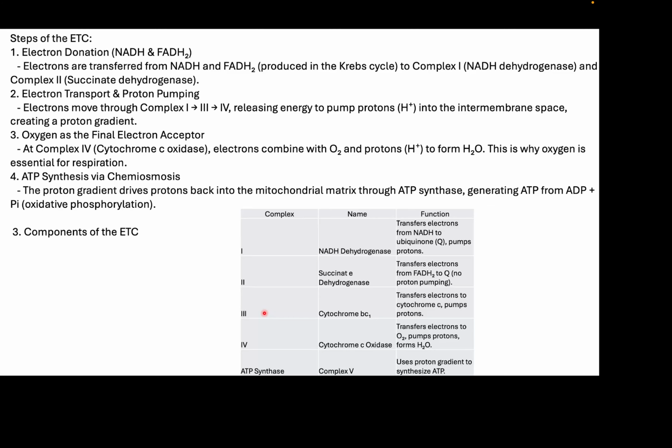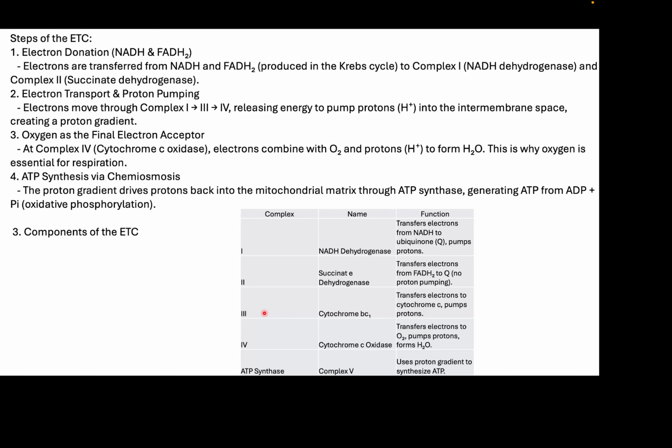Finally, when that electron is at the fourth, it then transfers to the oxygen. It converts that oxygen into water. But the energy of the electron that comes was used in transferring protons or hydrogen from inside the matrix into the space between the two membranes.